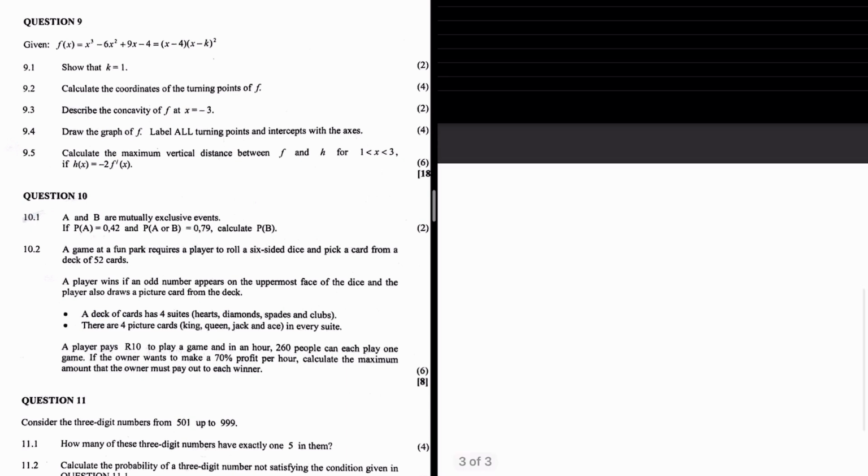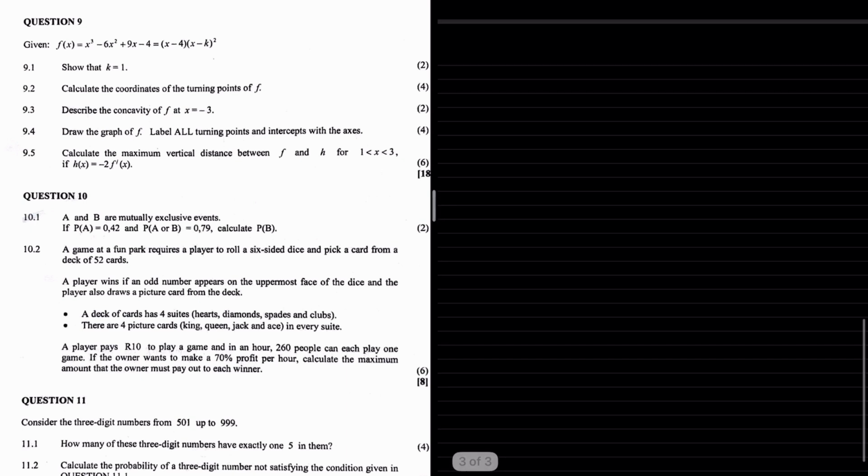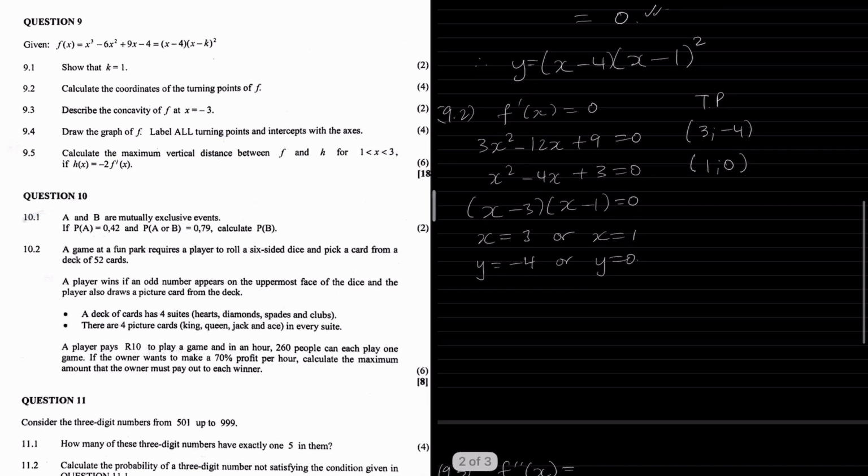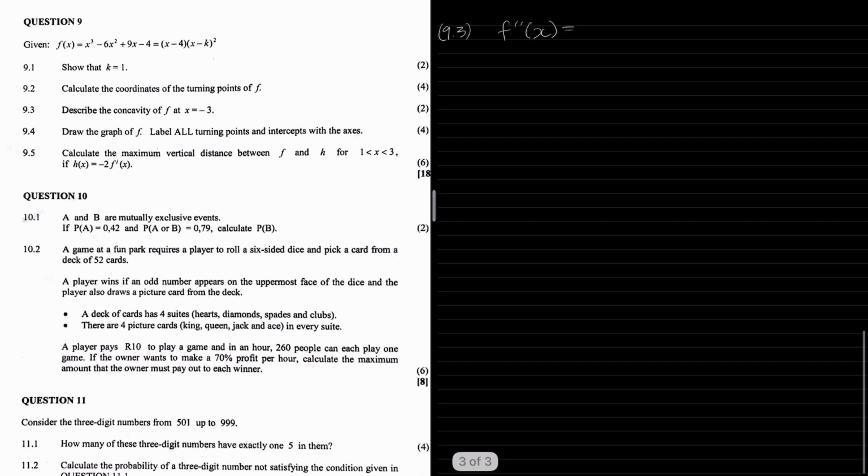Moving on now to question 9.3. Describe the concavity of f at x equals negative 3. So concavity, we need to take the double derivative. So the double derivative is going to equal 6x minus 12.